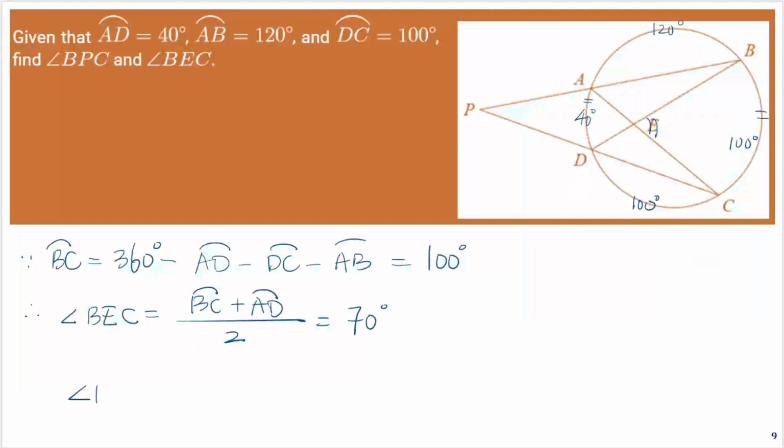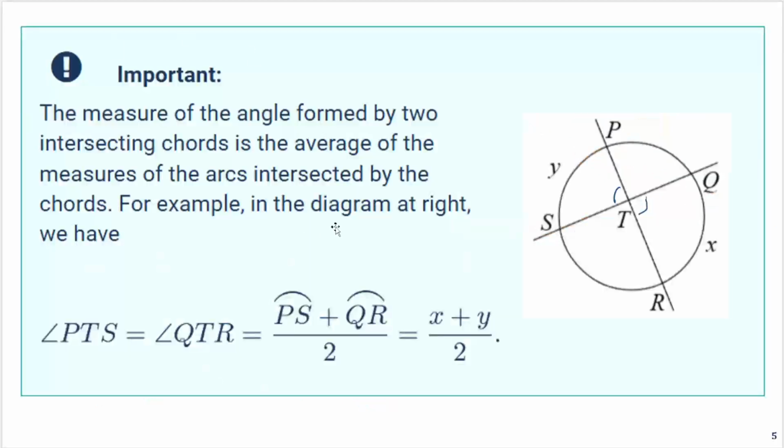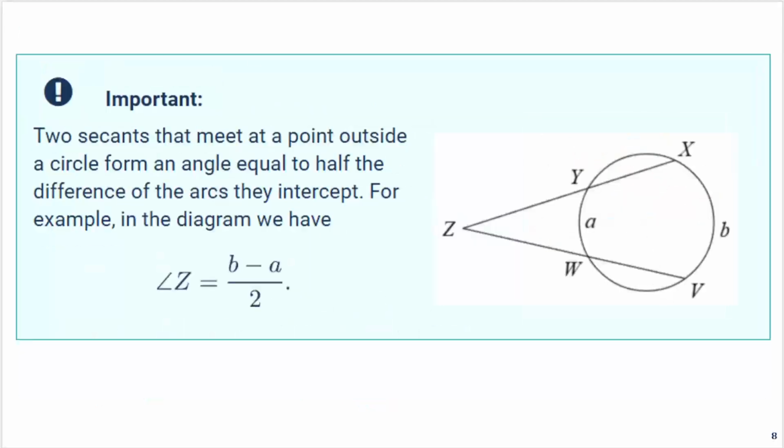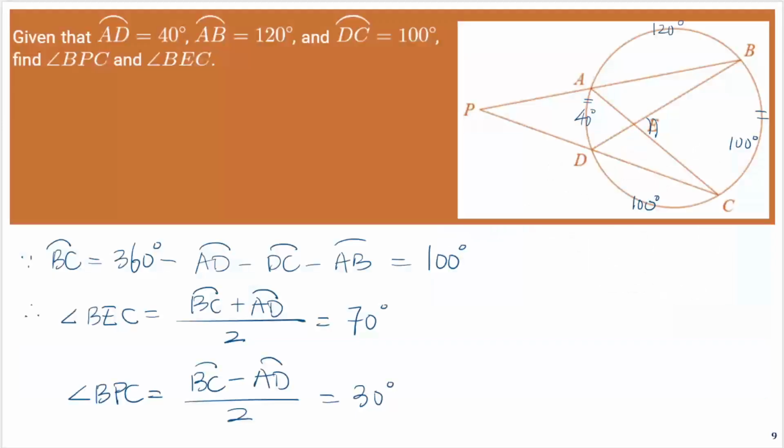And then angle BPC equals the difference between these two arcs over 2, right? And that gives us 30 degrees. You get it? It's a very straightforward question, right? So far in this lesson, we have only learned these two properties. Okay, any questions here?